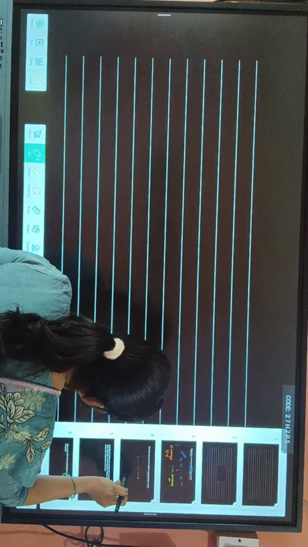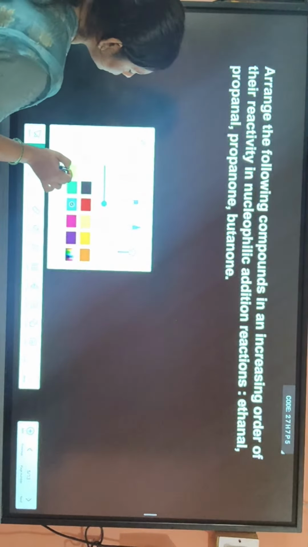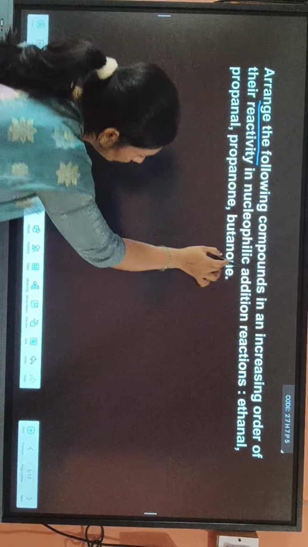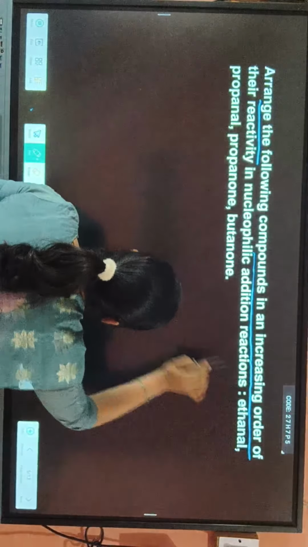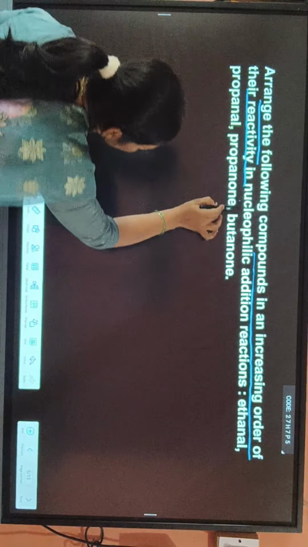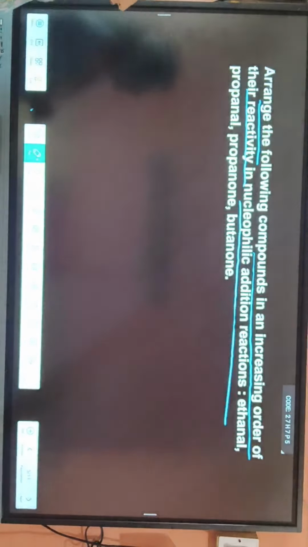So now we will move to the next question. Arrange the following compounds in increasing order of their reactivity in nucleophilic addition reaction.